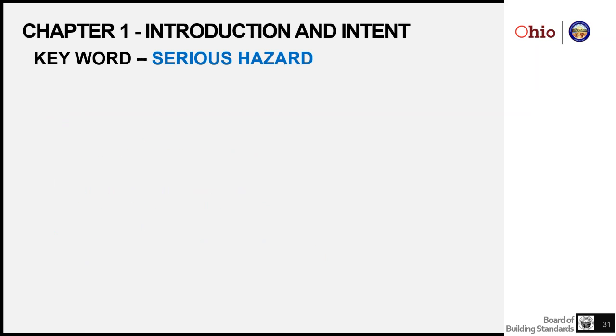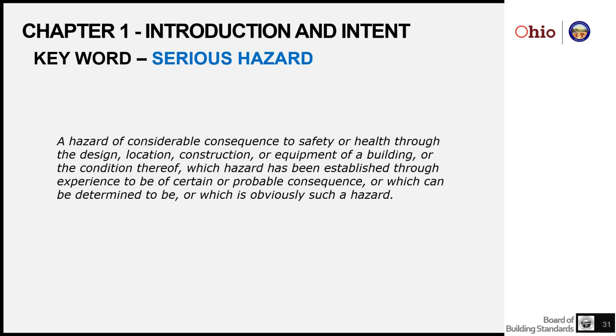Serious hazard, the last definition that we're going to talk about. It is an important one. It is primarily going to be important when it comes to existing buildings. And there's going to be a lot more discussion about serious hazard in the various existing building sessions that we have dealing with either Chapter 34 later today or Section 113 of the Residential Code, which is an optional class tomorrow.